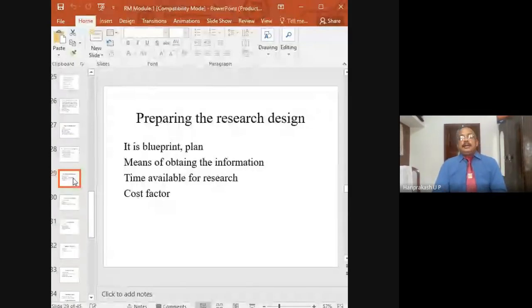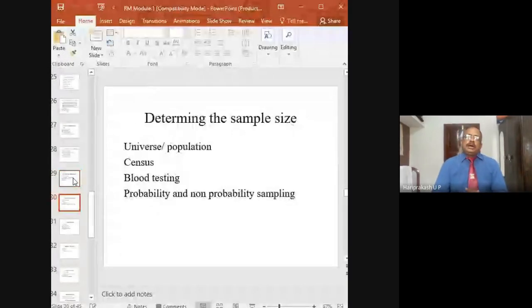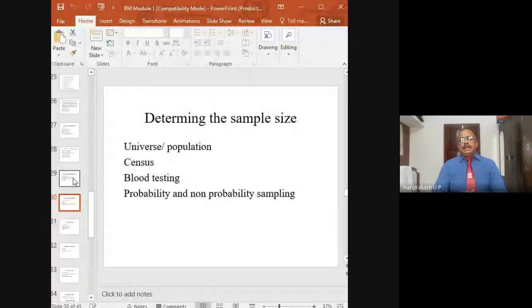Then determining the sample size. So as we know, primary data, you need respondents. Okay, if you are collecting primary data, yes, obviously it is through respondents. So how many respondents? You cannot collect from all the people.